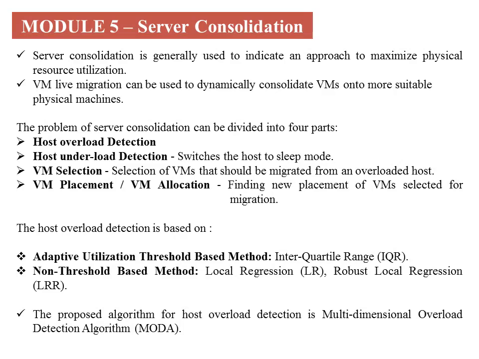And our model, MODA, which is based on host overload detection, uses a method called the adaptive utilization threshold based method, where a threshold is set, and above the threshold the virtual machines tend to migrate from the overloaded host to the underloaded or underutilized host.